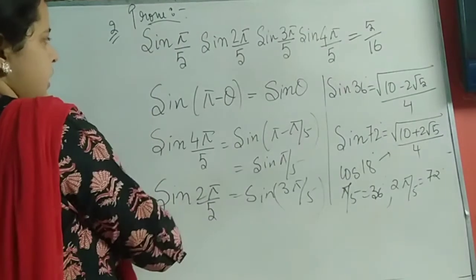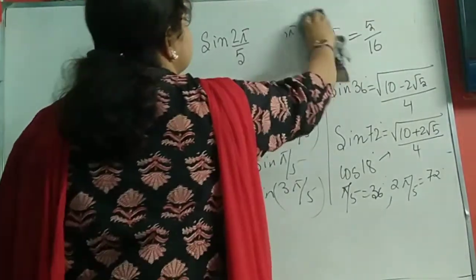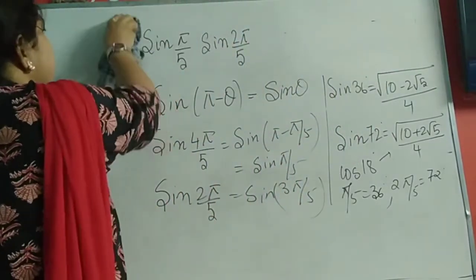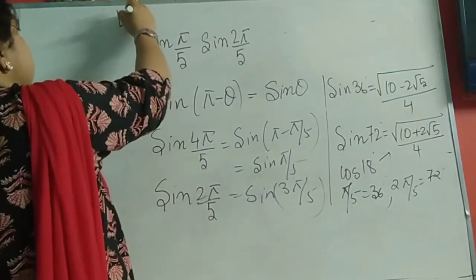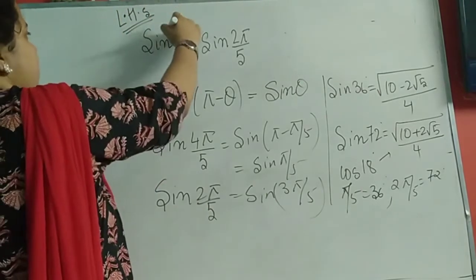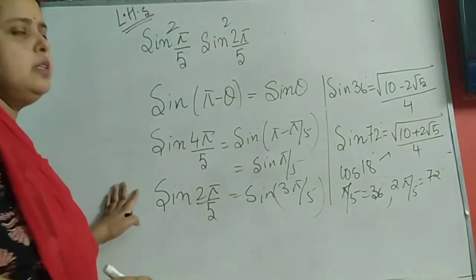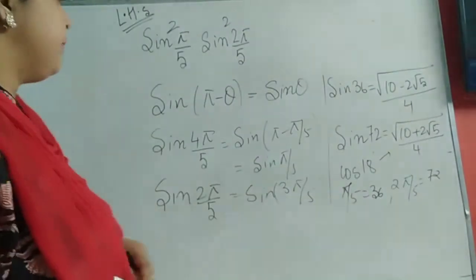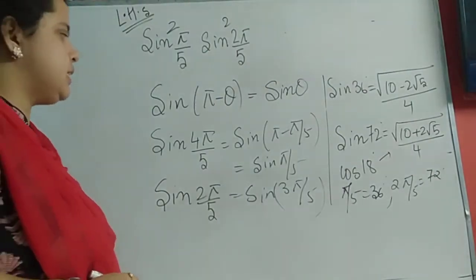So this is the thing, and I can start the LHS part. That is this and a square of it. See, sine square pi by 5, sine square 2 pi by 5. Okay. Now what is pi by 5? 36.